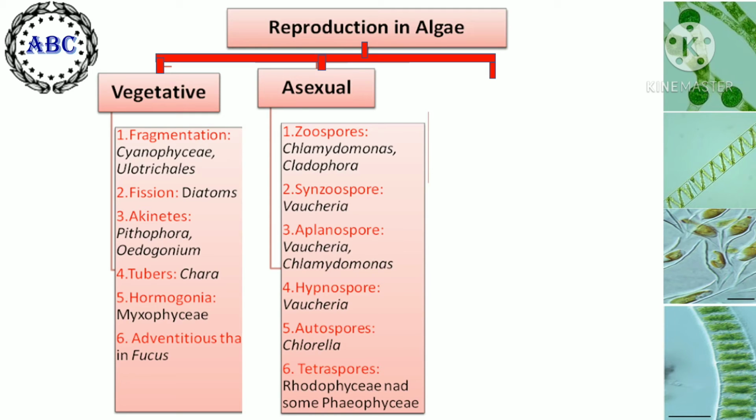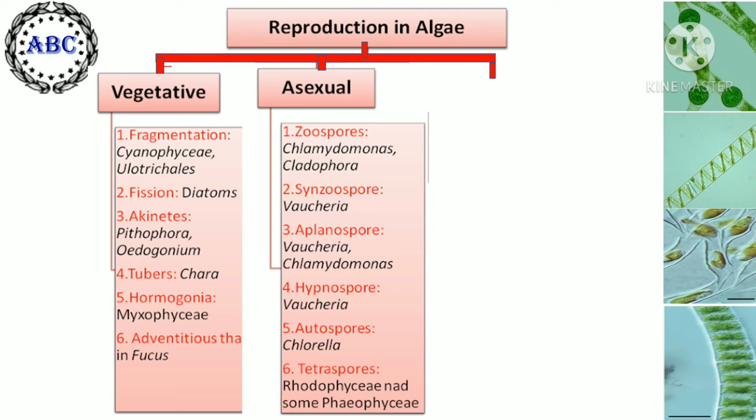Zoospores can be biflagellated, for example Chlamydomonas, quadriflagellated, for example Ulothrix and Cladophora, or multiflagellated, for example Oedogonium. Zoospores move in water before they germinate to make new plants. Zoospores are normally formed under favorable conditions.